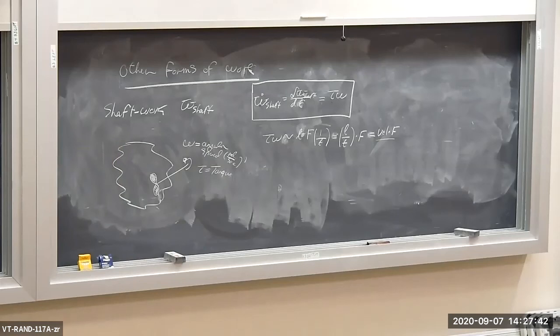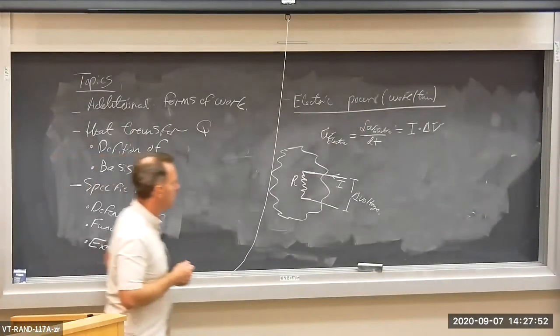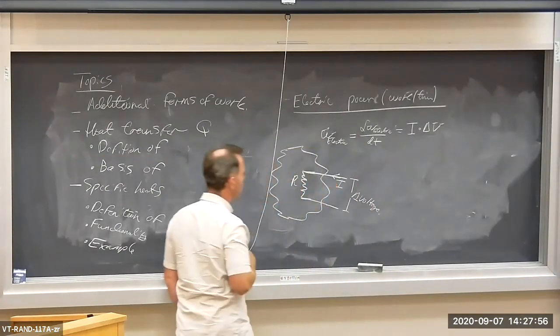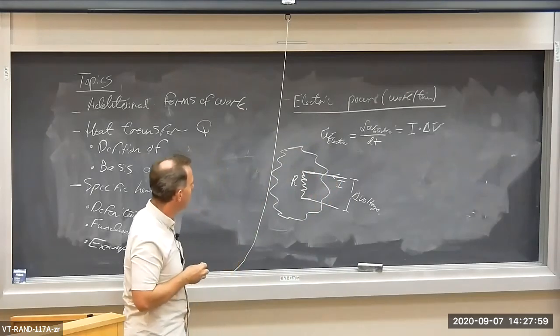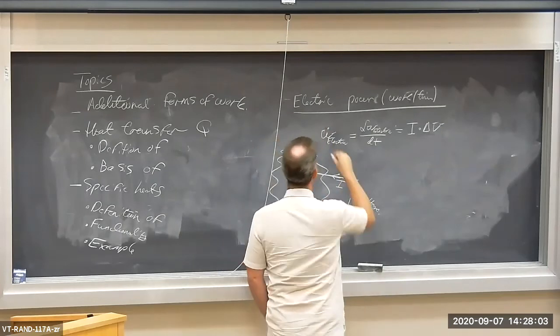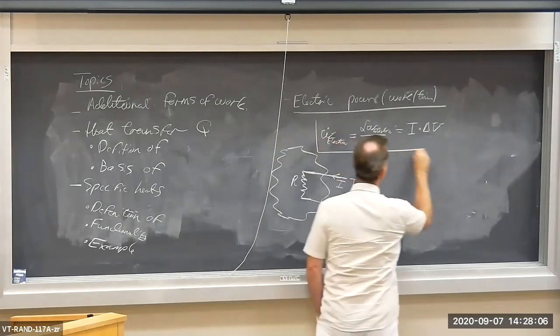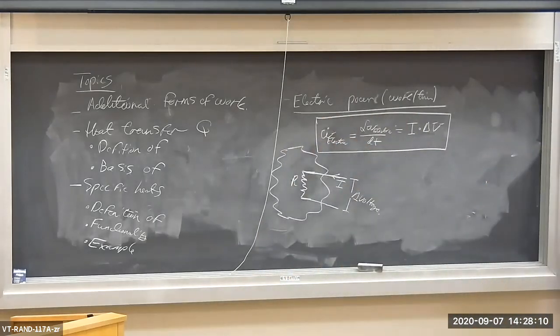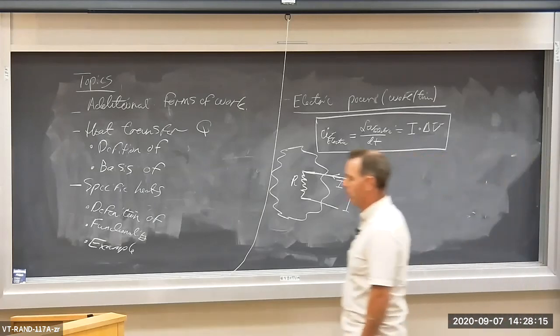So a little bit of work over a small amount of time, or a rate at which work is done. And then we have electric power, the rate at which electric work is done, W dot electric. W dot electric is I times delta V, the current times the volt drop across the resistor, okay? So three forms of work.